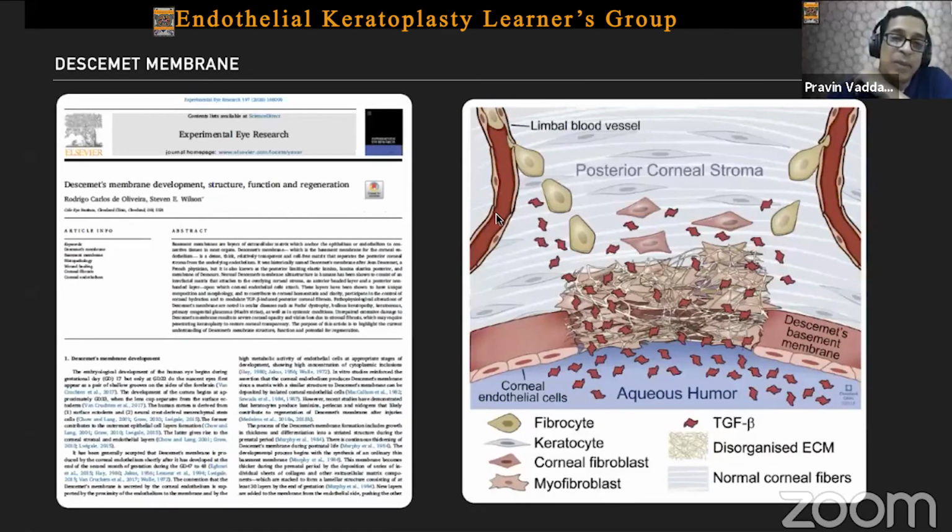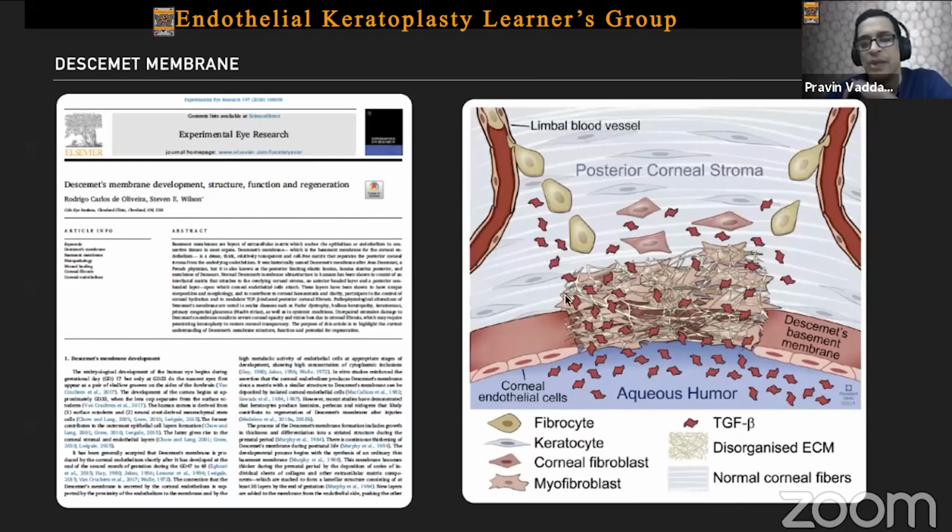Also, the Descemet's membrane removal by itself seems to have its own side effects. Again, a fantastic review article by Steve Wilson speaks about the effect of removing the Descemet's membrane on the residual corneal stroma. He hypothesizes that once you remove the Descemet's membrane, it sets into effect a cascade of events which leads to the deposition of several inflammatory mediators and also activates fibroblasts from the limbus as well as from the aqueous.